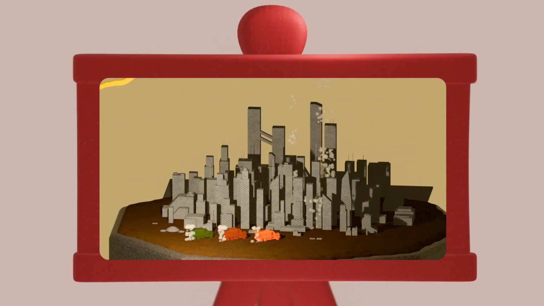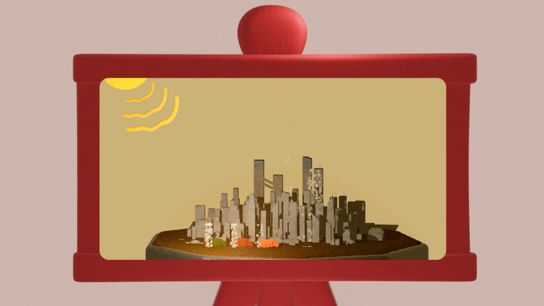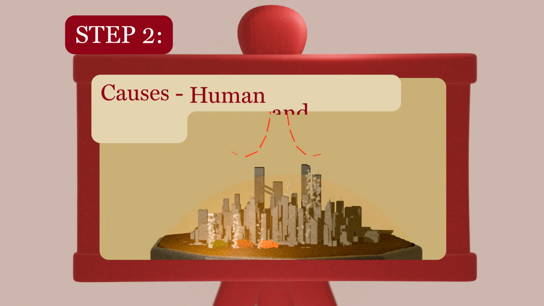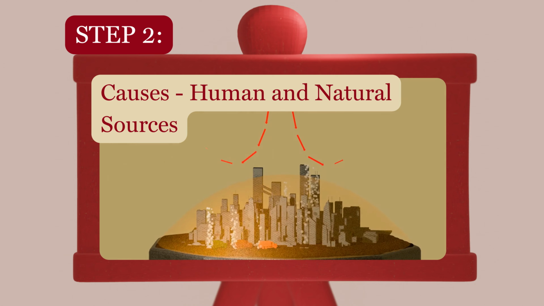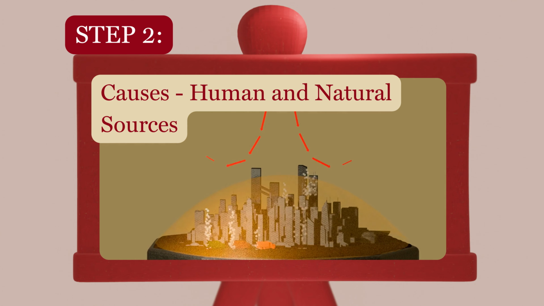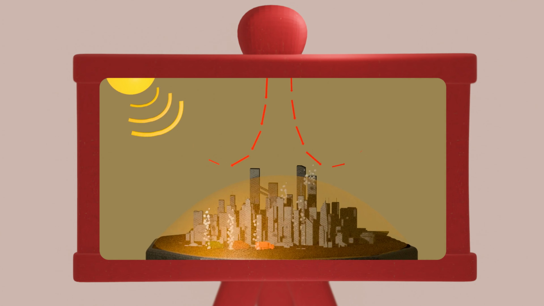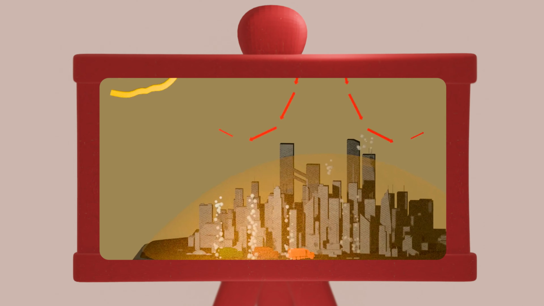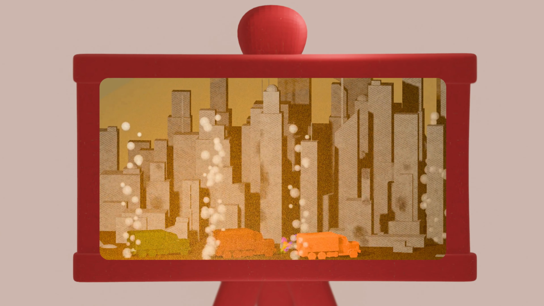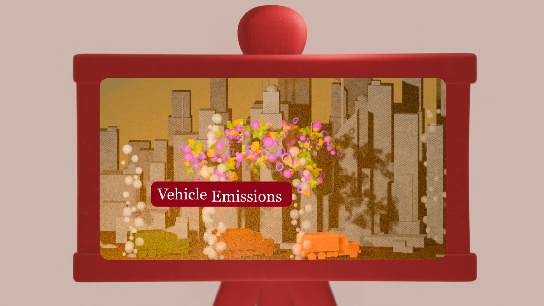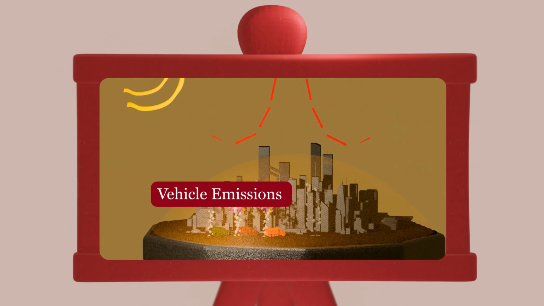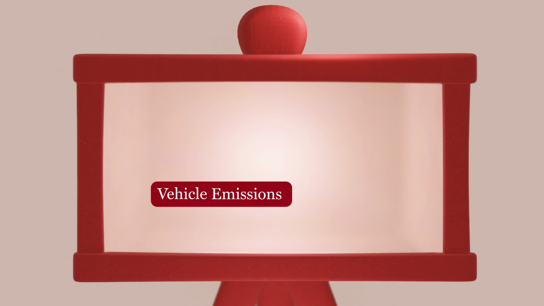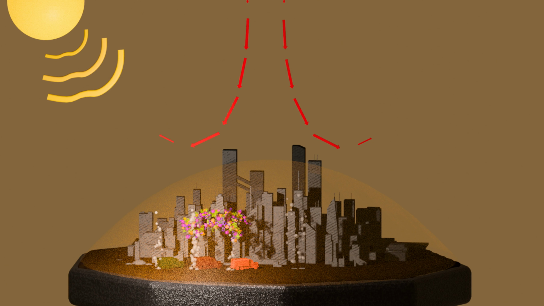Human causes of photochemical smog include vehicle emissions. This is often the main source in most urban areas, as exhausts release nitrogen oxide and hydrocarbons which react under sunlight. For example, Los Angeles has around 6 million vehicles, producing up to 500 tons of nitrogen oxide per day during peak summer conditions.